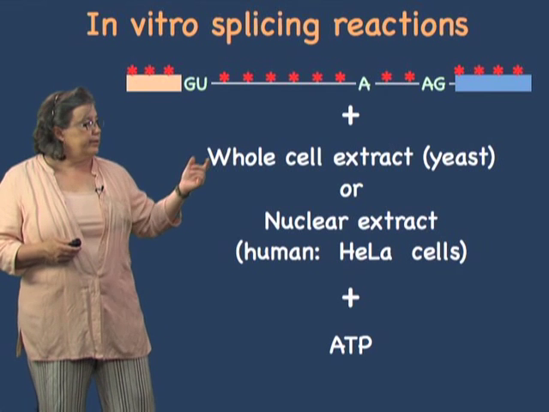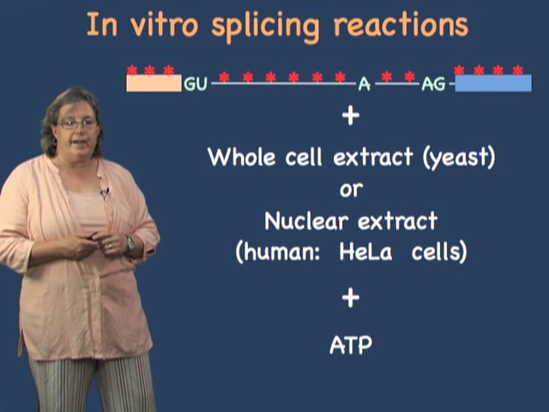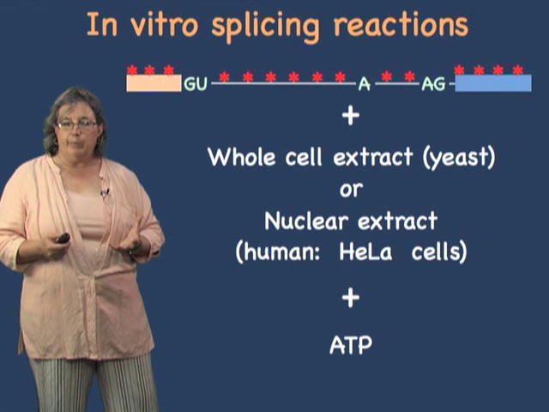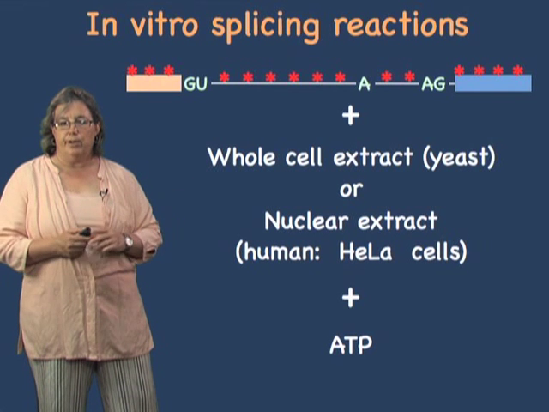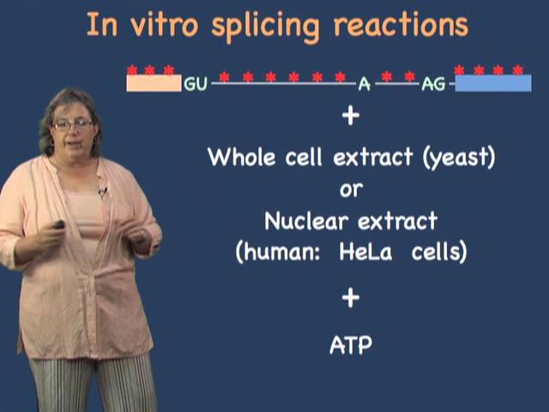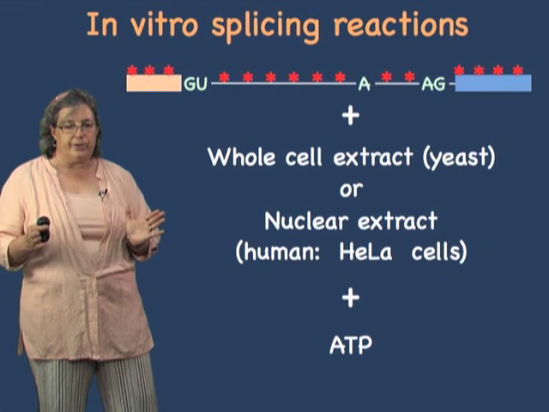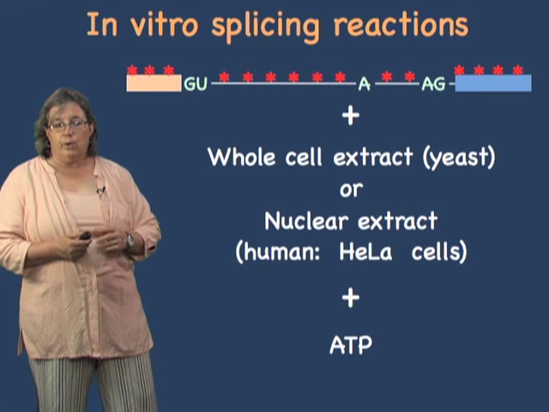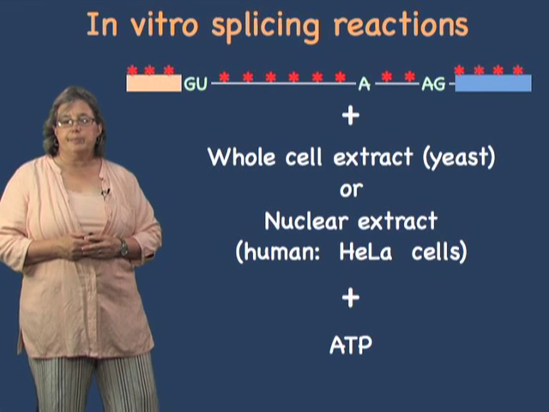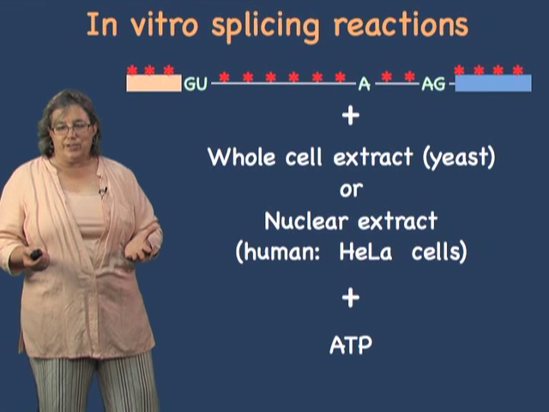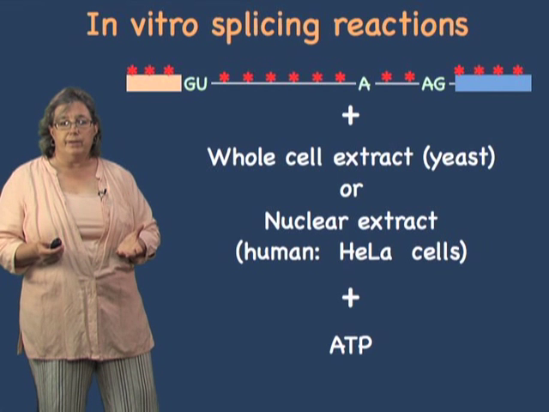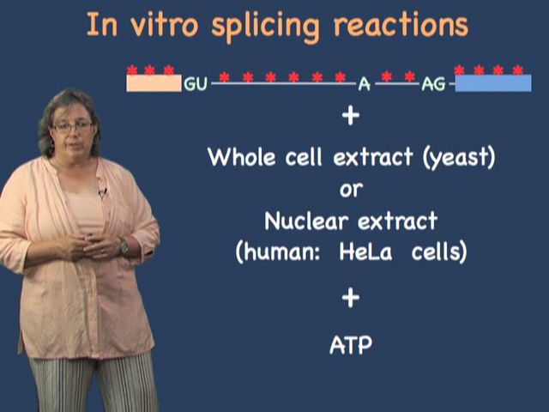The red asterisks indicate that this RNA would be radioactively labeled, so we would transcribe it in vitro and put radioactive nucleotides all throughout. We then mix this RNA with either whole cell extract if we're working on the yeast spliceosome, or nuclear extract if we're working on the human spliceosome. For example, we might get that from HeLa cells, which is a very common tissue culture cell for humans.